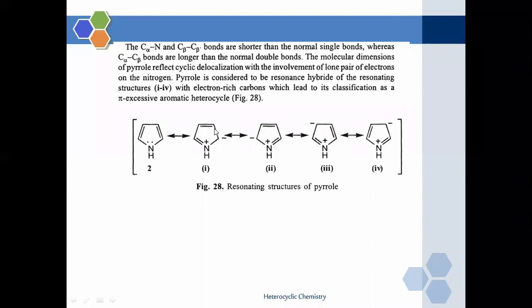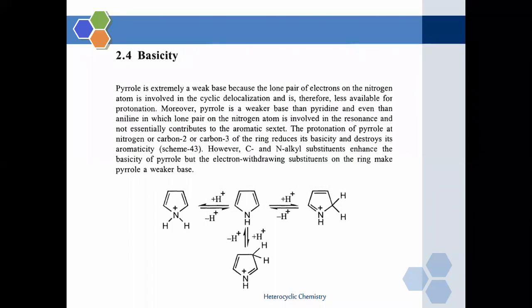Due to the migration of the double bond to different positions, pyrrole gives 4 different resonating structures. Now we have already discussed that pyrrole has 6 pi electrons in its structure. So it is basically a weak base. Why is it a weak base? The overlapping p orbitals or the excess pi electrons, and the lone pair of electrons on this nitrogen, are involved in offering an aromatic character to this pyrrole ring system.